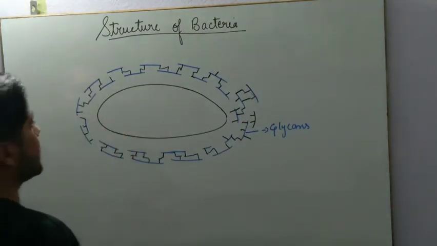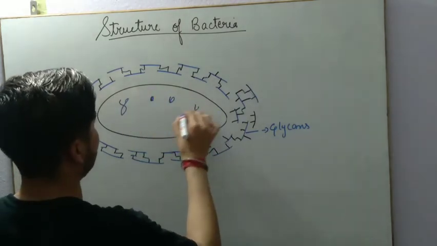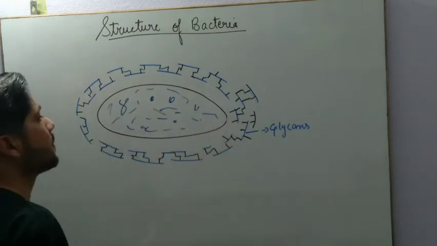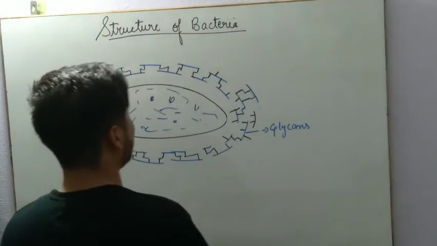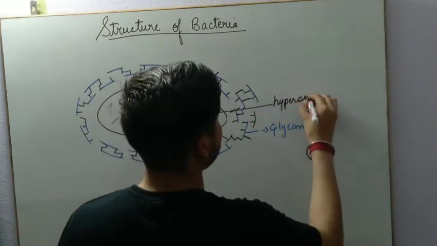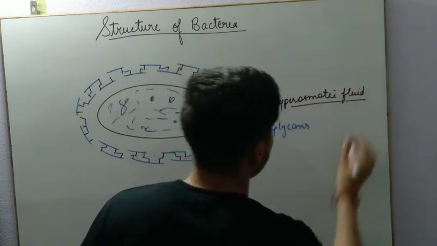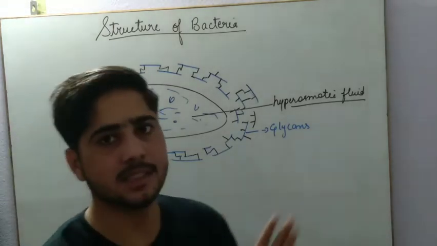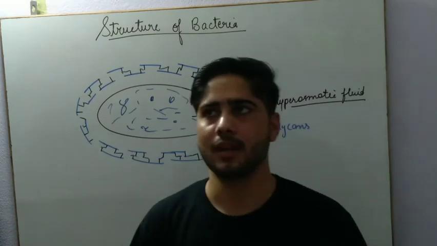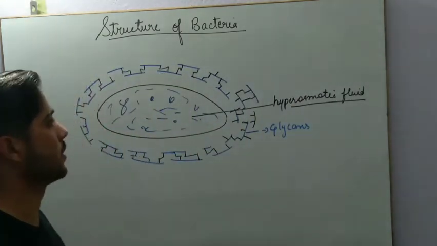And we know that inside the bacterial cell there are some organelles, and there is a fluid inside, which is hyperosmotic. When bacteria enter our body, they come in contact with fluids like sputum or saliva.